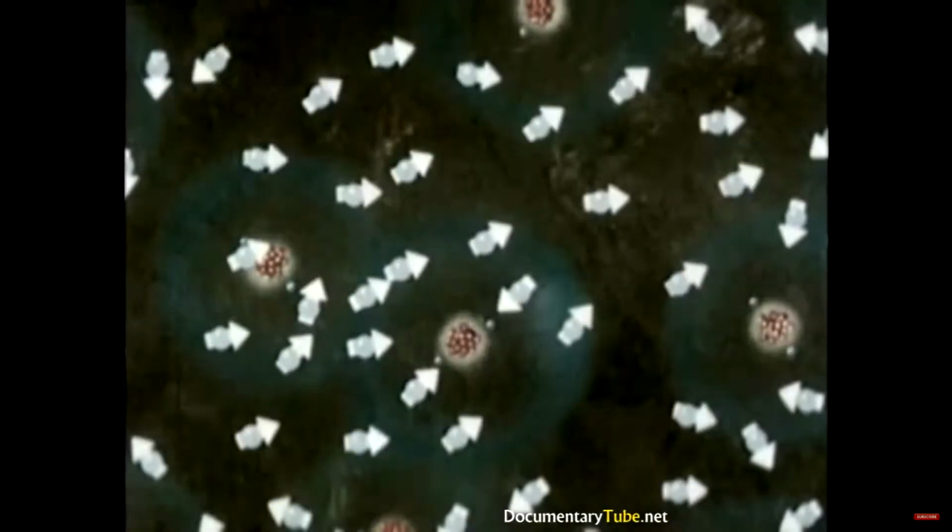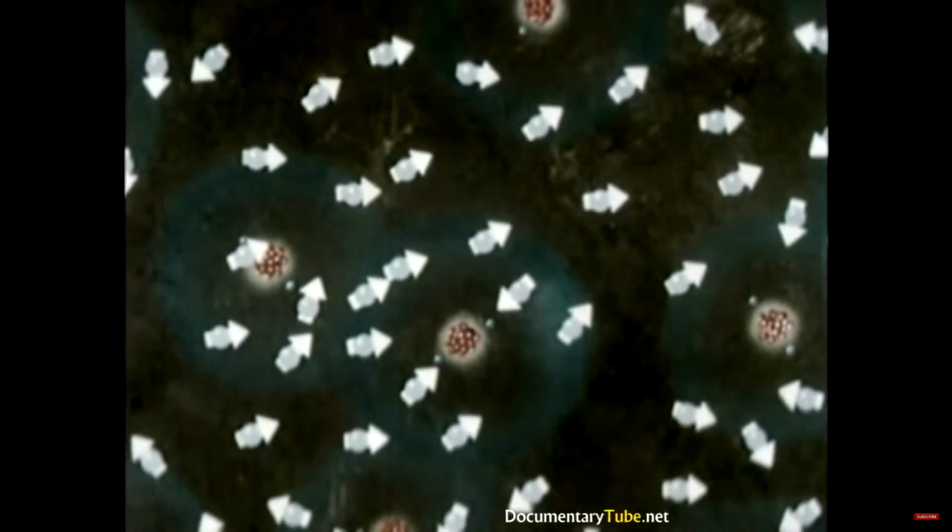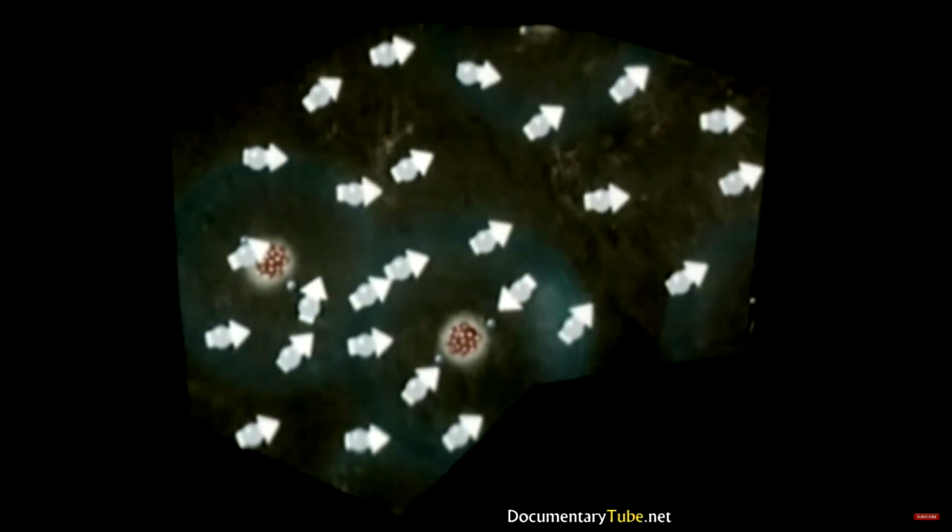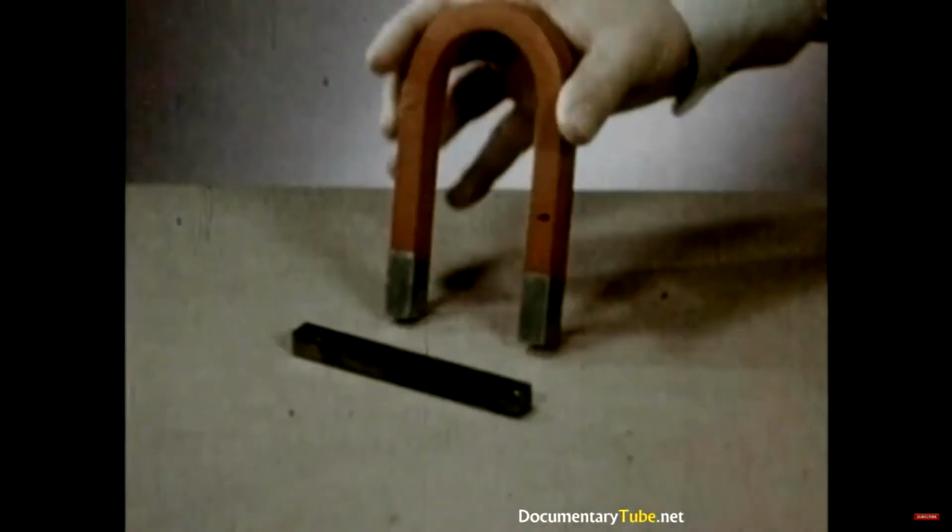When a predominant number of these tiny magnets point in one direction, we have an extremely small magnetized block called a magnetic domain. Magnetic material, that is, material capable of being magnetized, is made up of such domains, pointing in all directions. When these domains all point in the same direction, we have a magnet.